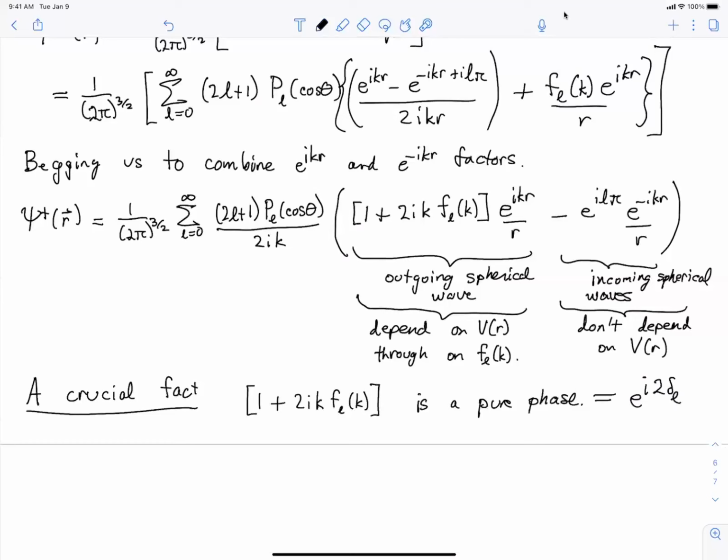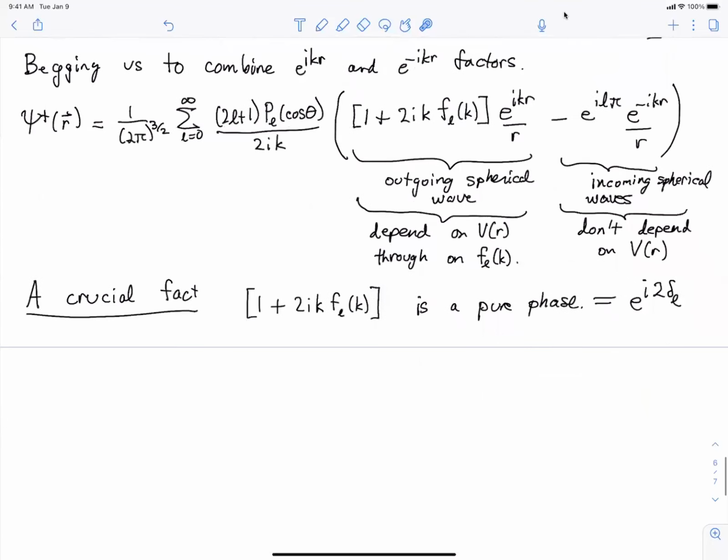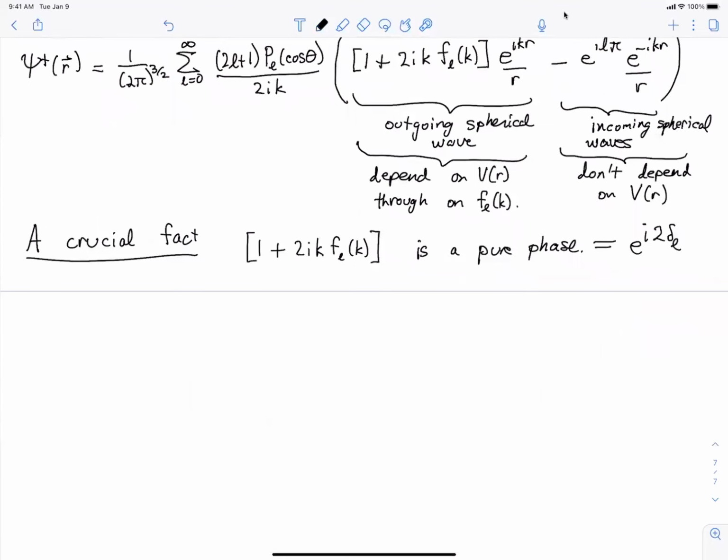And the delta_l's we will talk about quite a bit later. Okay, but so at least to me, it's not obvious at all that this should be true, that this particular combination is a pure phase. So let's go ahead and prove that, or at least give a hand-wavy proof.